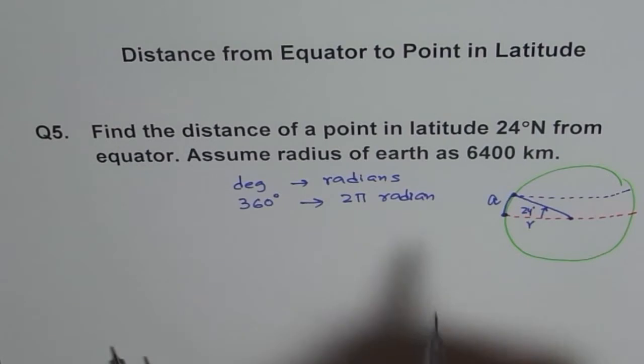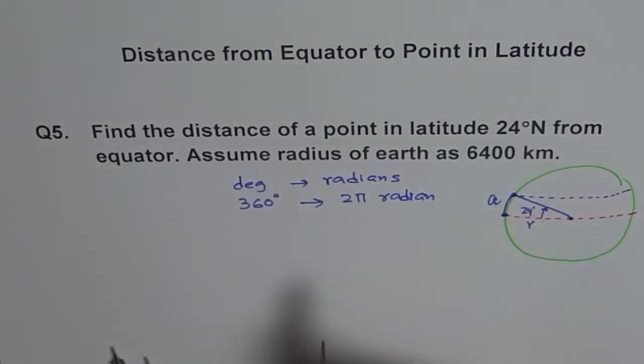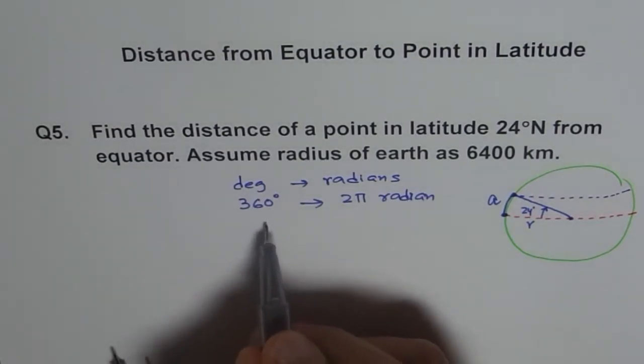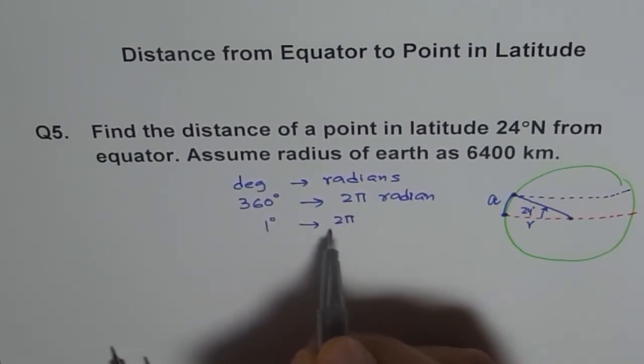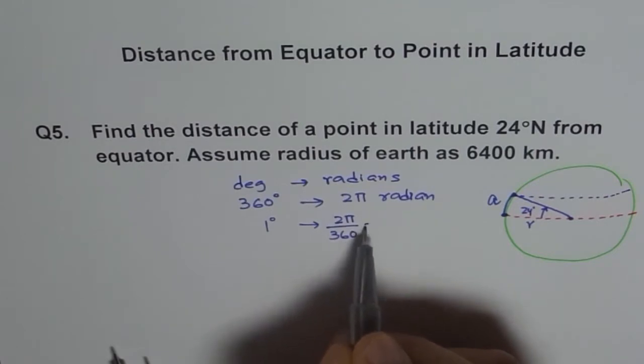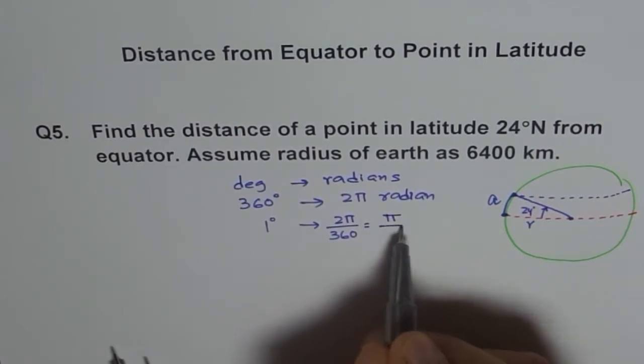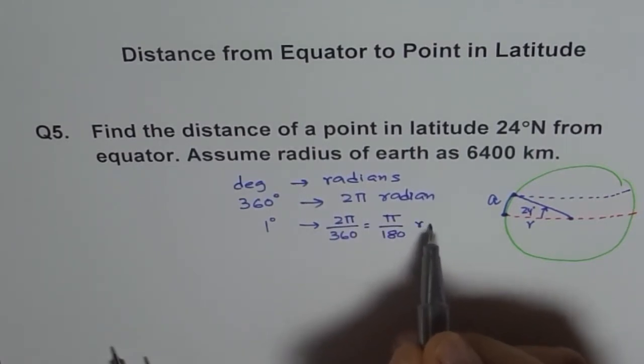So that gives us a link for converting degrees to radians. So 1 degree equals how many radians? 1 degree equals 2 pi over 360, which is pi over 180 radians.